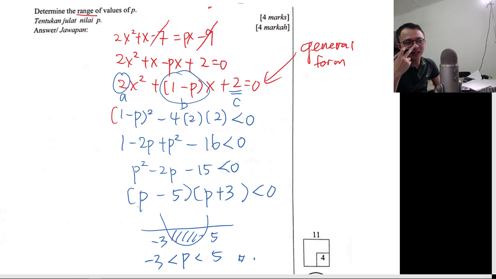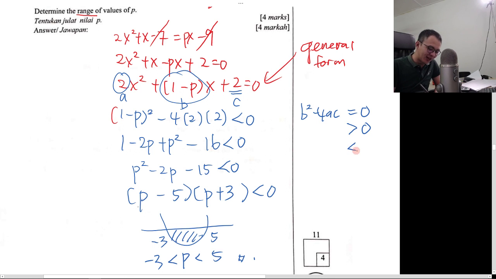So I want to ask, in the Form 5 syllabus don't have b squared minus 4ac? Yeah, basically you have b squared minus 4ac equal to 0 when there are two equal roots, bigger than 0 when there are two distinct roots, less than 0 when there are no real roots or does not intersect.